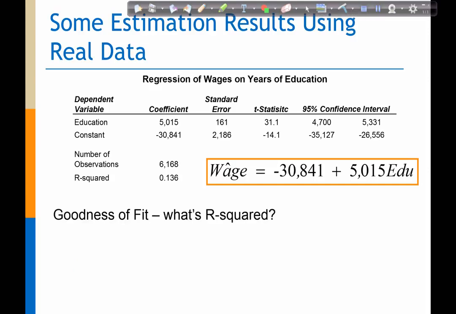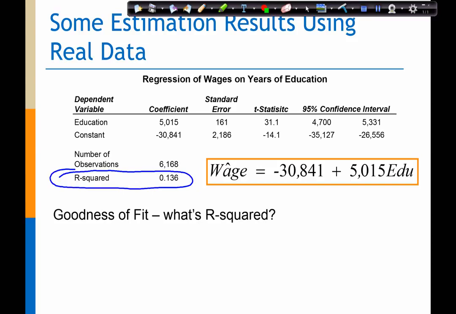Something else I wanted to mention is called goodness of fit, or R-squared, and that can be found on the regression results right here, R-squared. So R-squared simply tells us how much of the variation in wages is explained by the variables in our model, in this case, education.